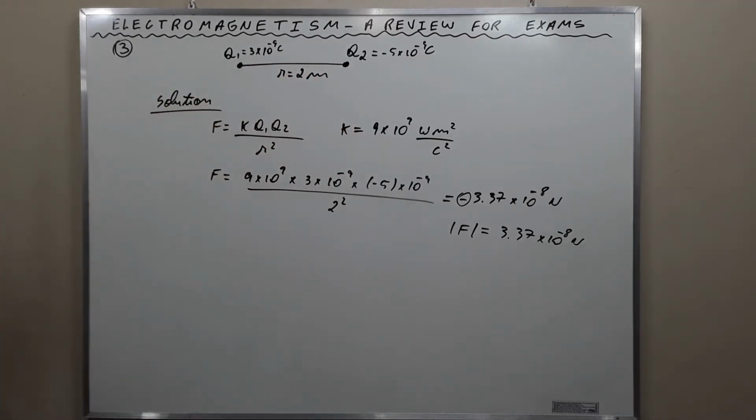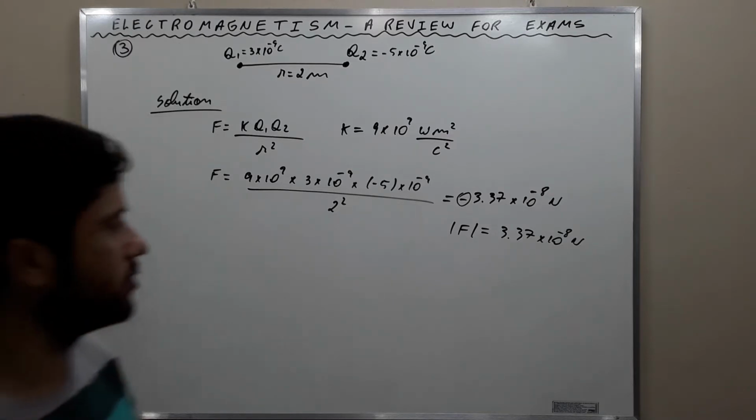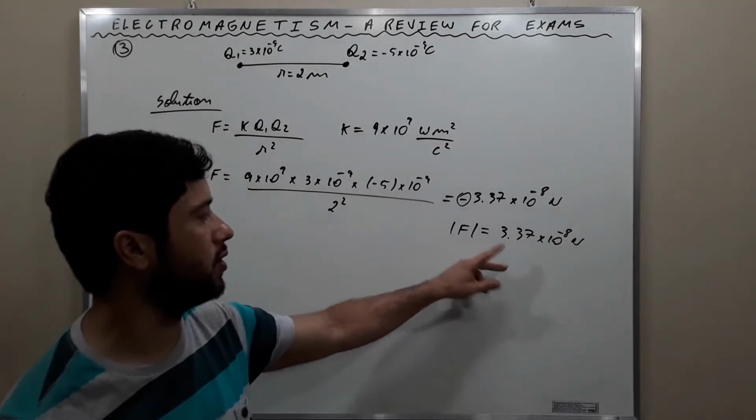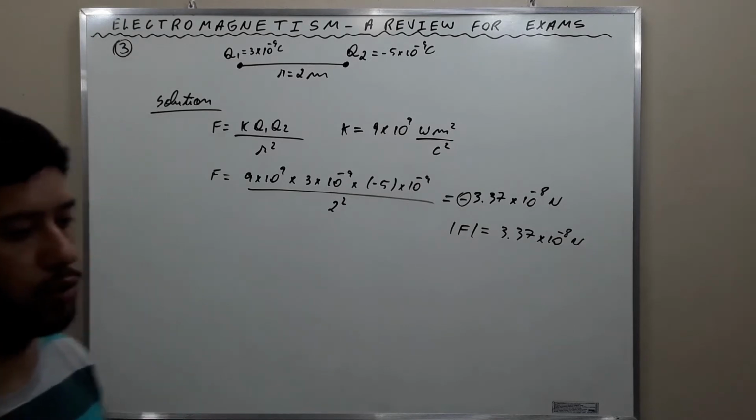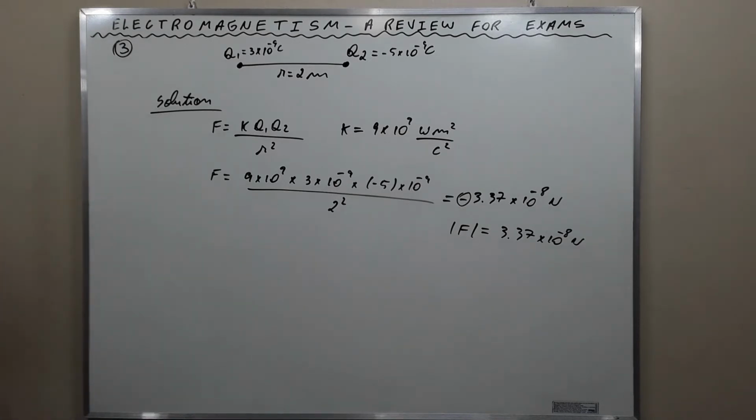So this is exercise 3, a very simple exercise that requested from us the magnitude of the force and to state whether it is attractive or repulsive. Okay, my friends, this is all for exercise 3. Let's go to exercise 4 now.